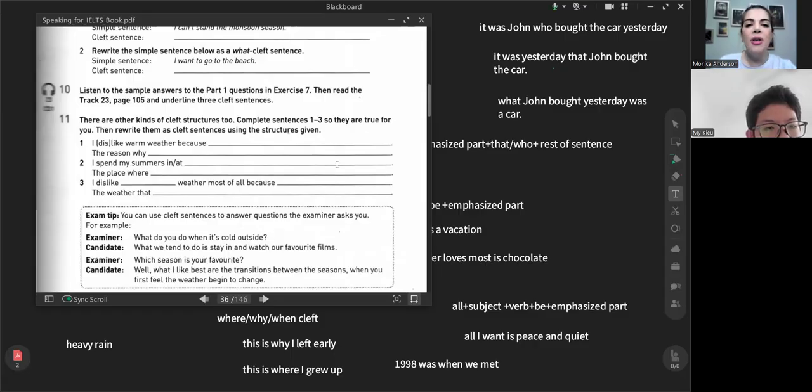The weather that I dislike most is snowy, because it makes me feel sick.